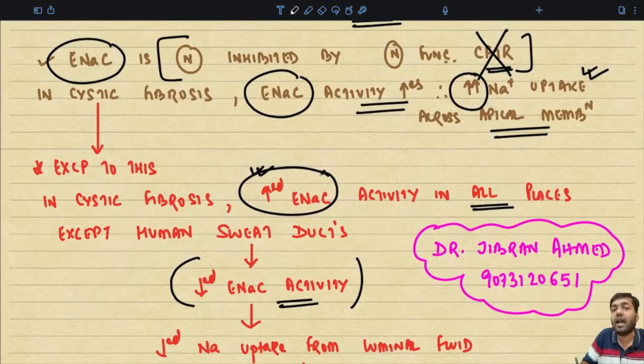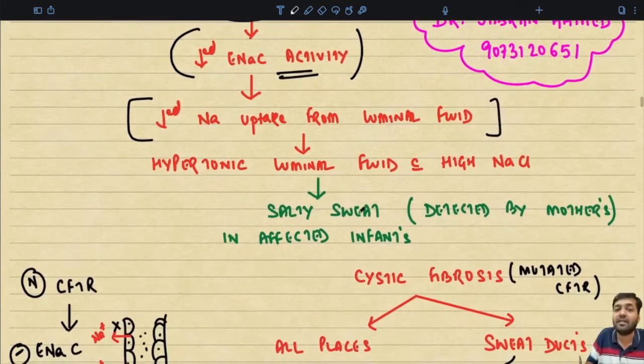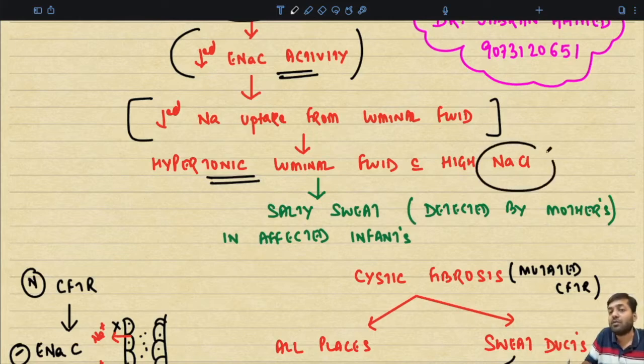So whether you look at the gastrointestinal tract or the respiratory tract, at all places the epithelial sodium channel activity is going to increase in cystic fibrosis except the sweat ducts, wherein the epithelial sodium channel activity is going to decrease, and as a result there will be decreased sodium uptake from the luminal fluid, and the luminal fluid will become hypertonic with a high amount of sodium chloride.